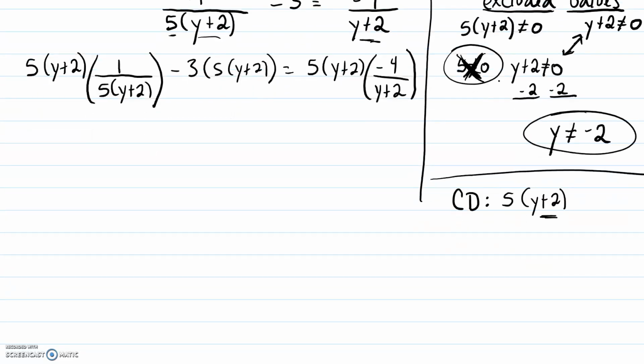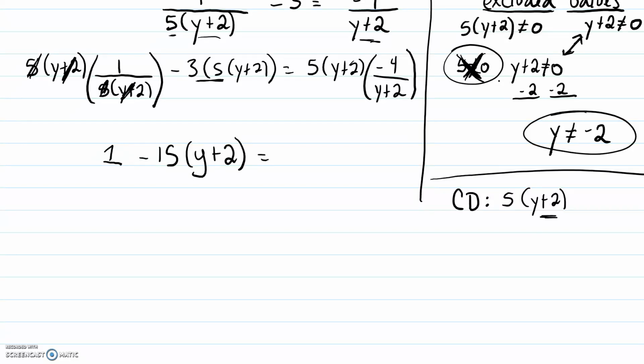So let's go ahead and divide. 5 divided by 5, and y plus 2 divided by y plus 2 is 1, so we're left with 1. Here let's go ahead and multiply. That's negative 15 times y plus 2, and we'll multiply that out in just a moment.